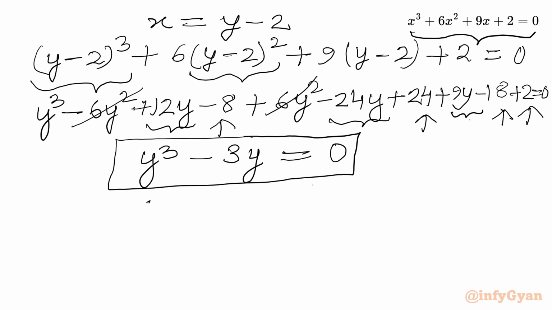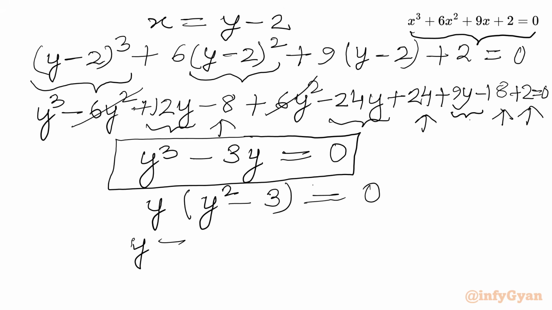Now we can take y common. y square minus 3 will be in the bracket equal to 0. Using product 0 rule, we will write either y equal to 0 or y square minus 3 equal to 0.